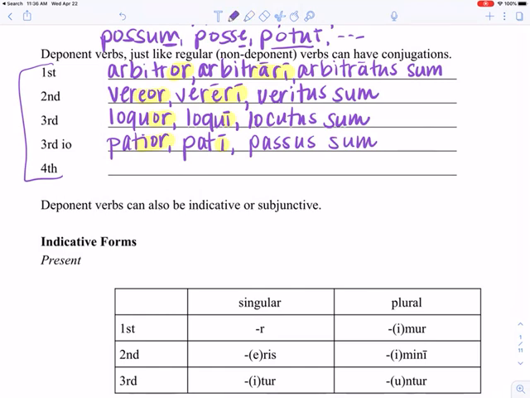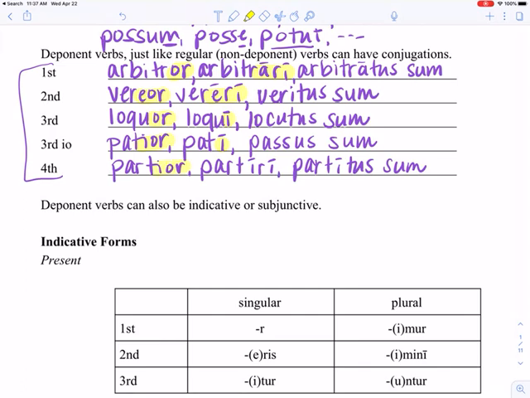And then fourth conjugation, we're going to use the word partior, partiri, partitus sum. Again, normal fourth conjugation non-deponents would be -io.